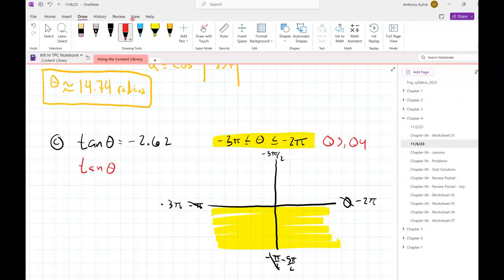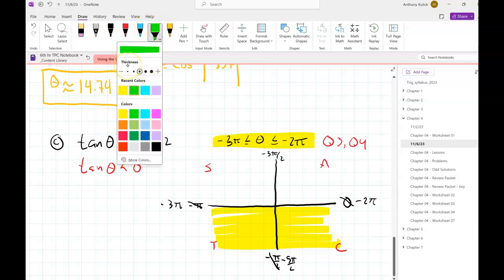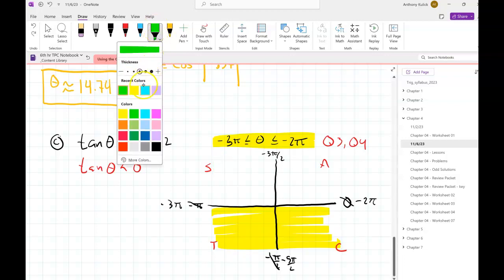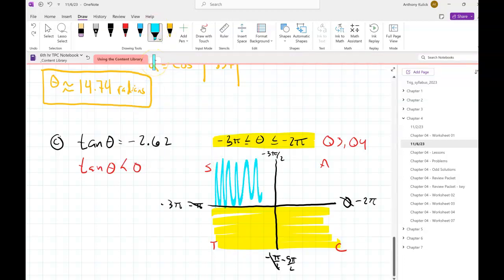Then we're looking at where tan theta is negative. Well, I can see from All Silly Turtles Crawl, tangent is positive at A and T. So we're positive in quadrants 1 and 3, which means we're negative in quadrants 2 and 4. Oops, wanted to use blue.